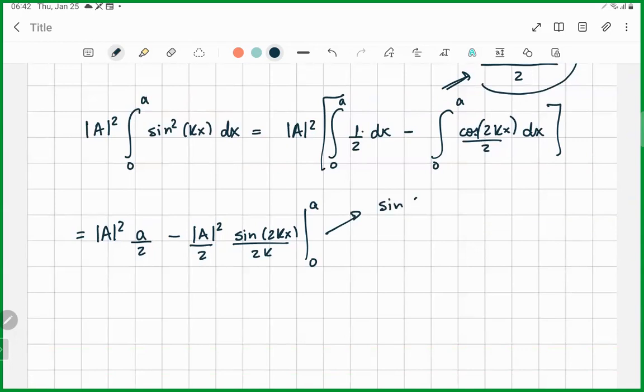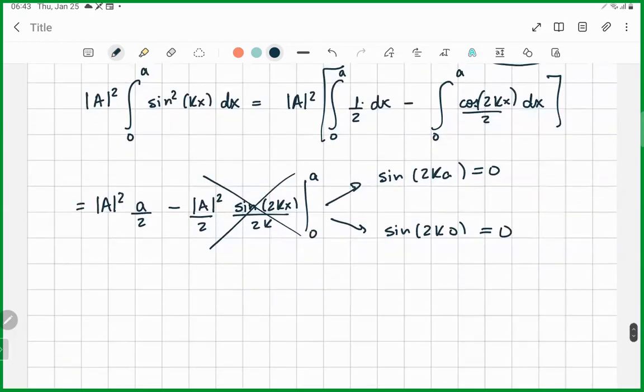Sine of 2ka, at that point a, this has to be 0. And the other one, sine of 2k0, of course, is 0. So this does not exist.